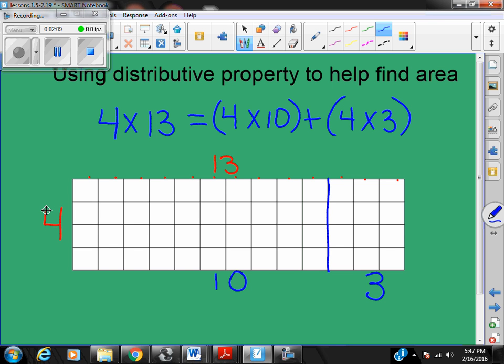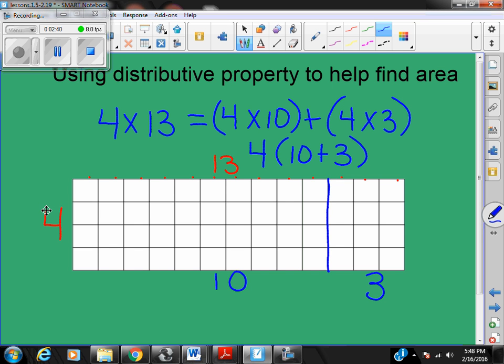Distributive property says because I'm multiplying 4 by both of these, I can just do this. I can take the 4 out and I can add 10 plus 3, which is what I did to begin with. I broke 13 up into 10 plus 3, and I can multiply the sum of that times 4. But breaking it up helps me figure out an answer easier.